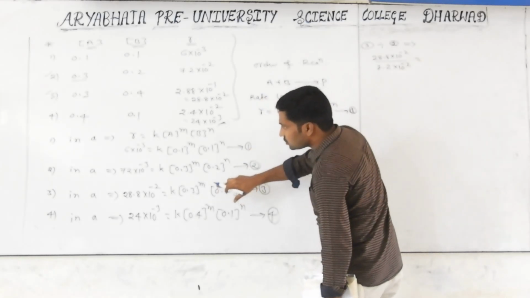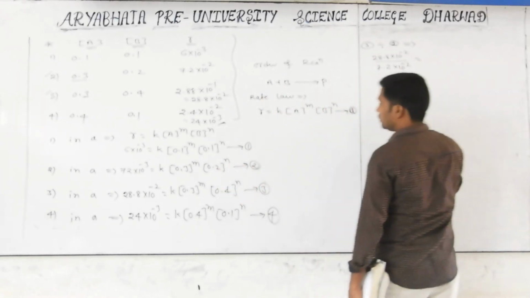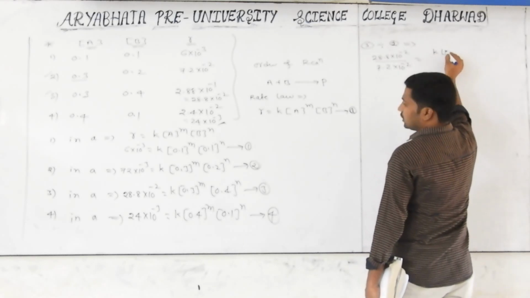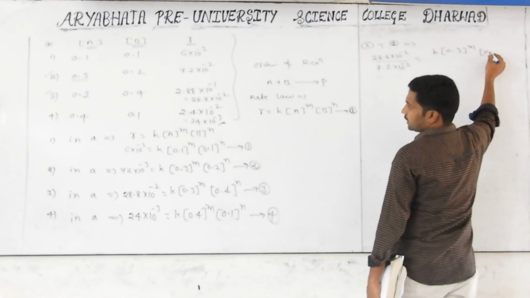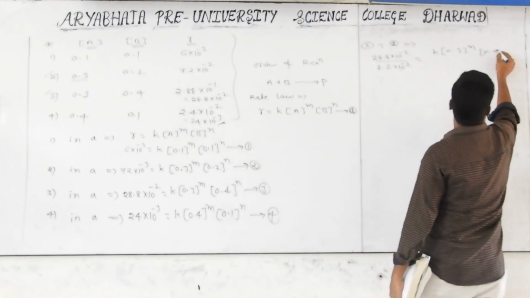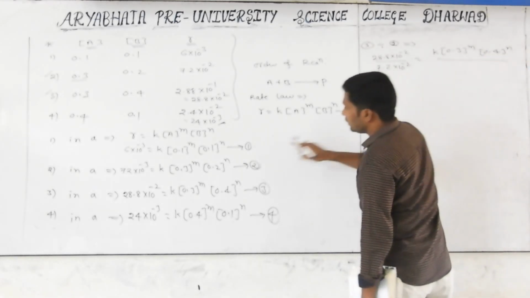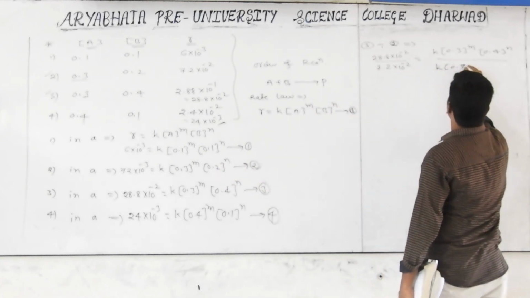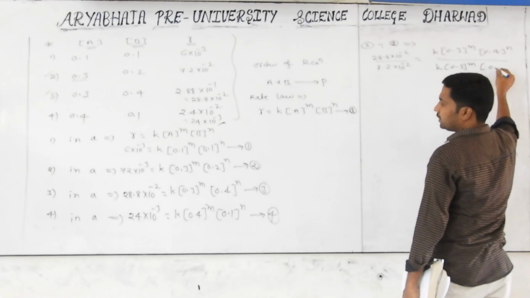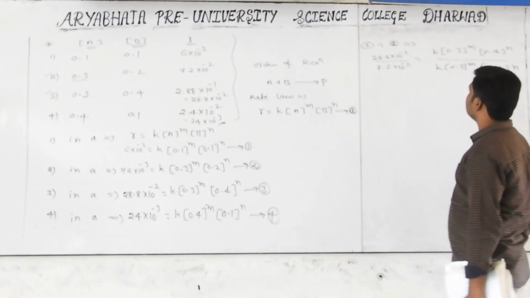What are the remaining values? 3 divided by 2. Do it. K into 0.3 power m into 0.4 power n, by the second information, K into 0.3 whole power m into 0.2 whole power n.